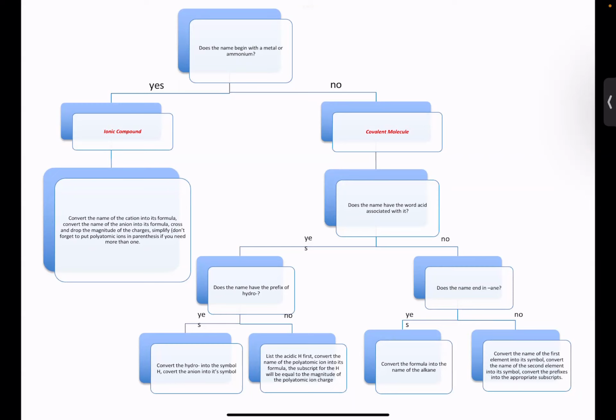Then you started combining that alphabet to make words. We combined our symbols to make compounds, which are our words. After you got through those words, then you combined those words to make a sentence. A reaction is our sentence. And so on Monday, we're going to start writing sentences for our chemical reactions.